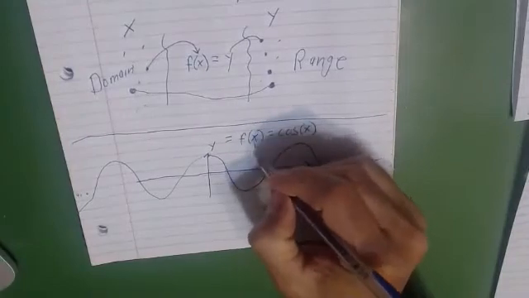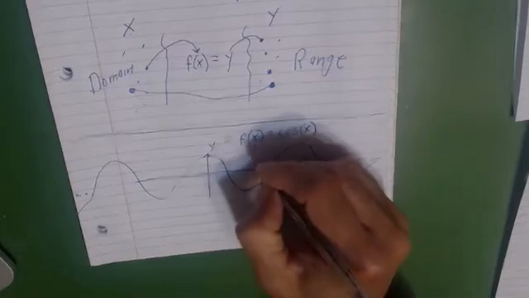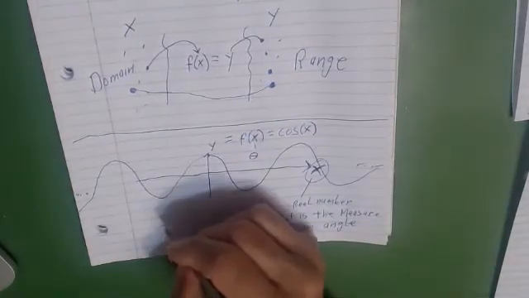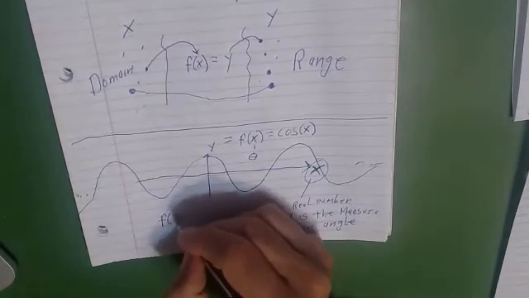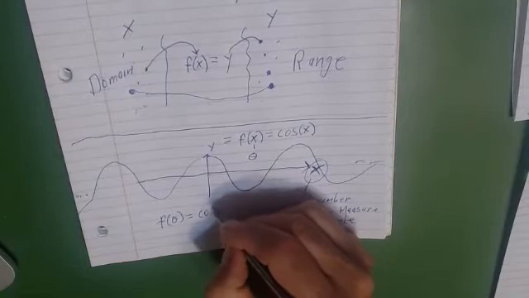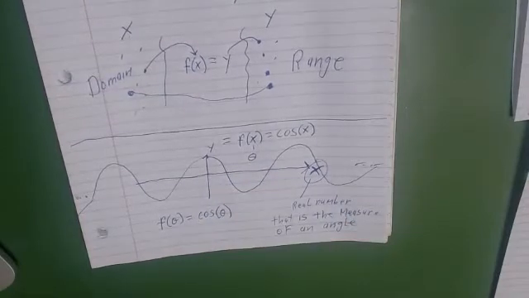Whenever I talk about angles, I like to call them theta, okay? So we could have written here f of theta equals cosine of theta.